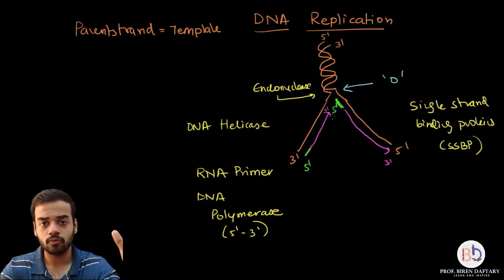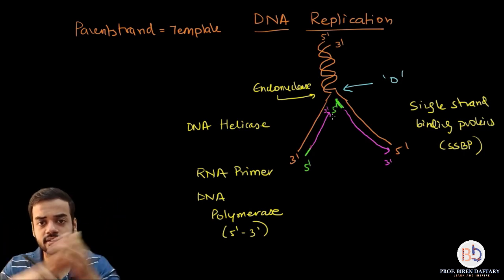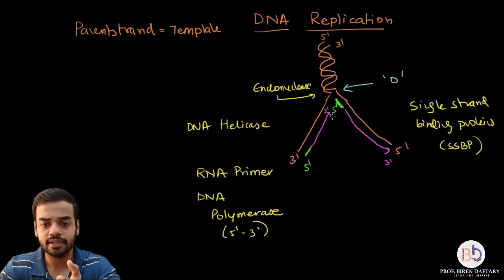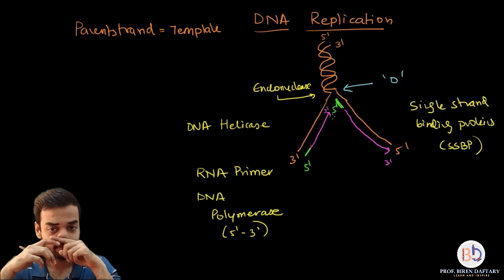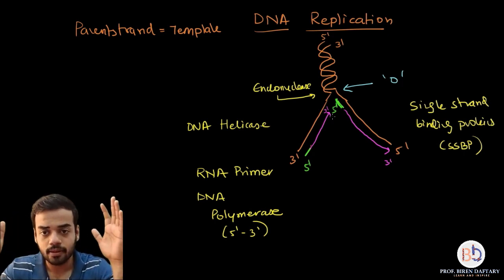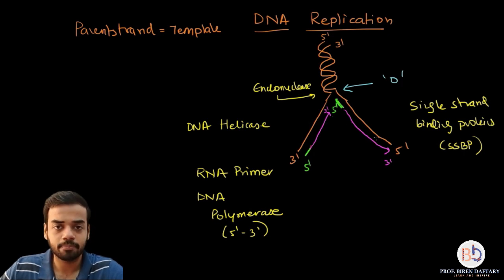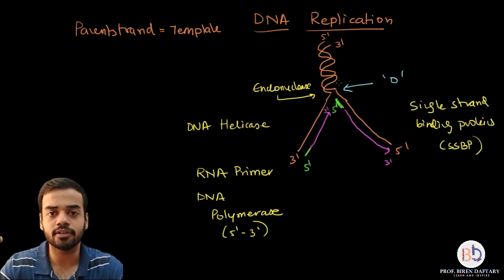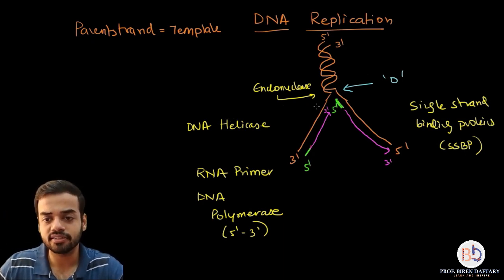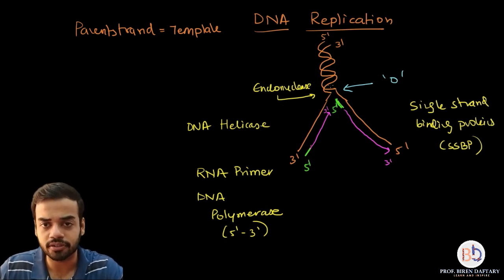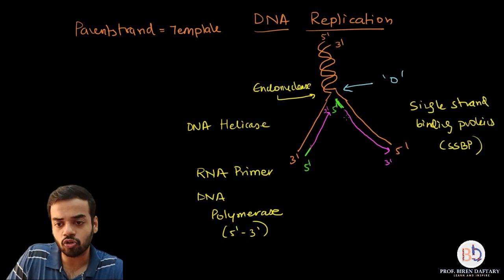So up till now we have seen endonuclease, single strand binding protein, DNA helicase, RNA primer, DNA polymerase. Okay, is this clear? Now what is happening is, when this part is done, this helicase which is present will open up this DNA further, because this part is done, this needs to grow upwards, but these strands are still bounded over here, and similarly this is already grown.